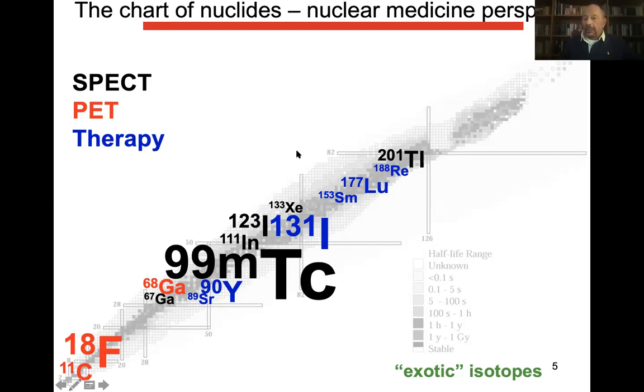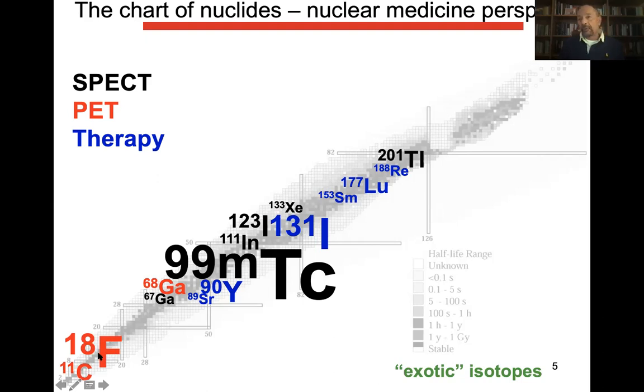The size of the name of the isotope here is proportional to the use in the nuclear medicine community. So you see that there is a lot of technetium 99 metastable. This 99m technetium is by far the most used, but also with a lot of use is iodine 131. This is for therapy, but also for imaging the thyroid. And there is also a lot of fluorine 18, which is used for PET.